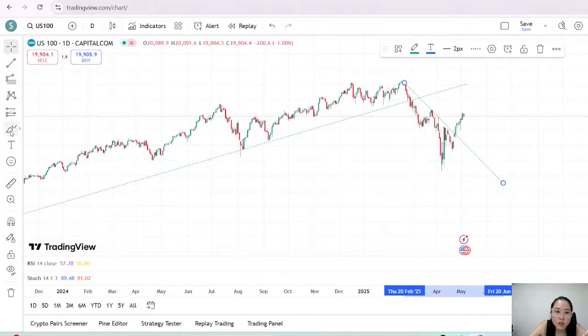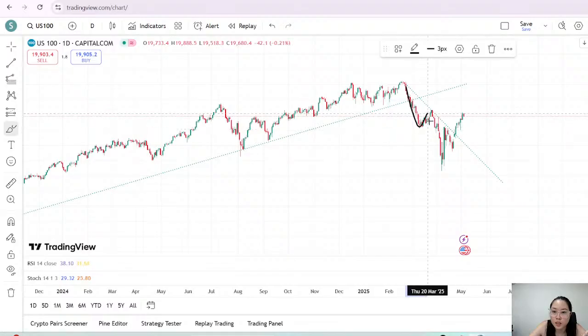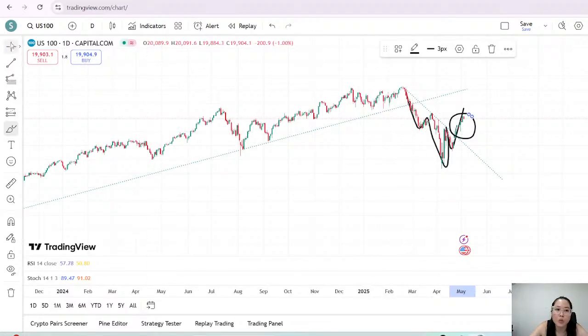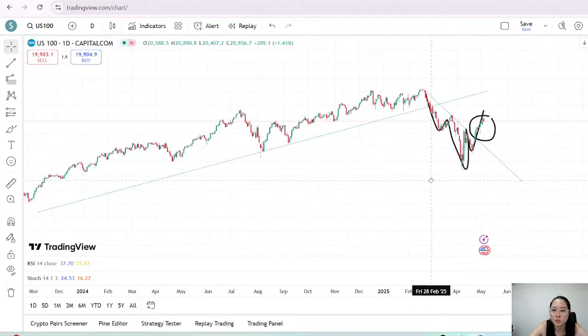The price was moving on a downtrend, and then it has broken. So I'm in this group chat with a lot of people, and they're all certified traders, by the way.